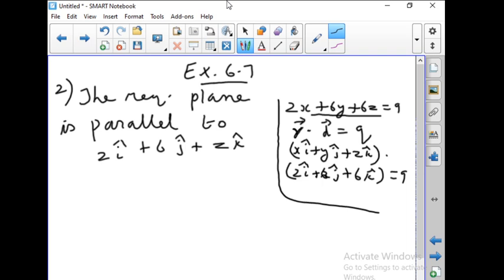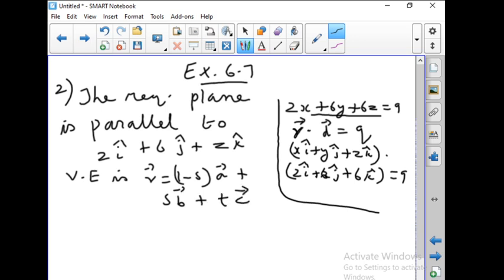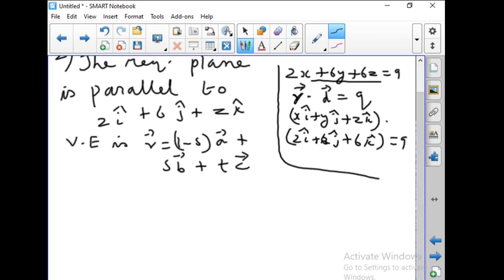So here what is the vector equation? Only the parametric form is asked. So it is r vector is equal to (1 minus s) into a vector plus s b vector plus t c vector. Okay, so this is the parametric vector equation.